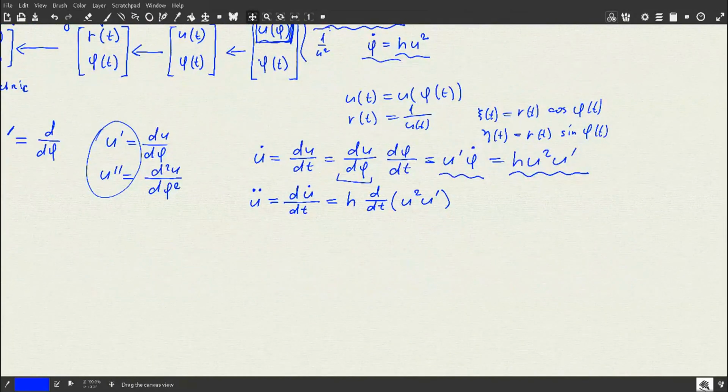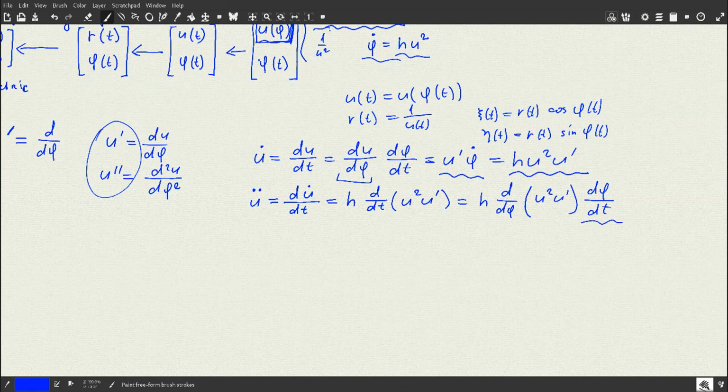The derivative over time can be replaced with the derivative over phi. So it is h d d phi of this u squared u prime, times d phi dt. D phi dt is again our phi dot. Therefore it is h phi dot.